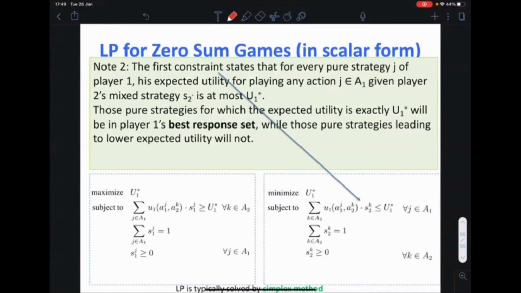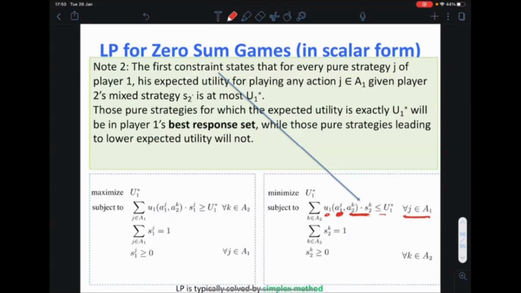So the first constraint states that for every pure strategy J for player one, his expected utility for playing any action J, given player two's mixed strategy S2, is at most U1.